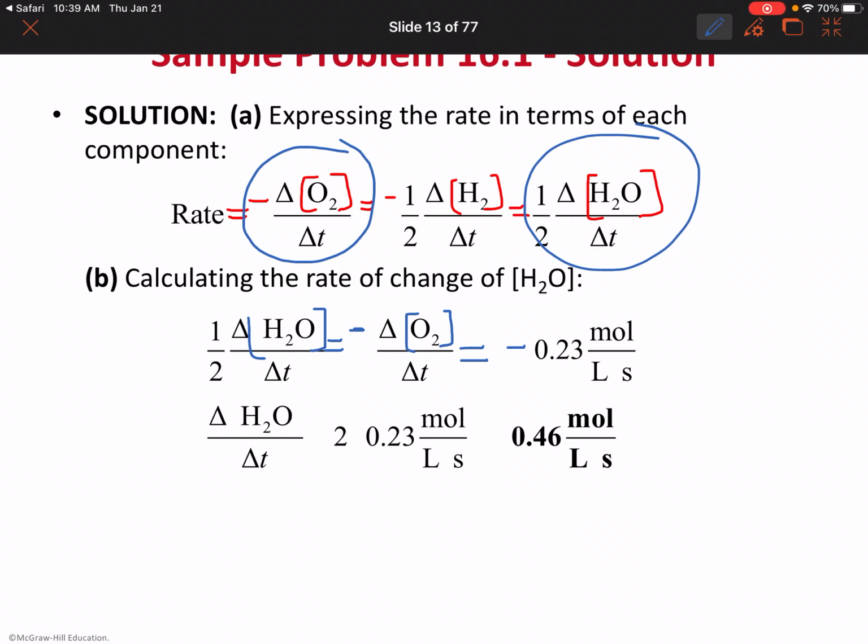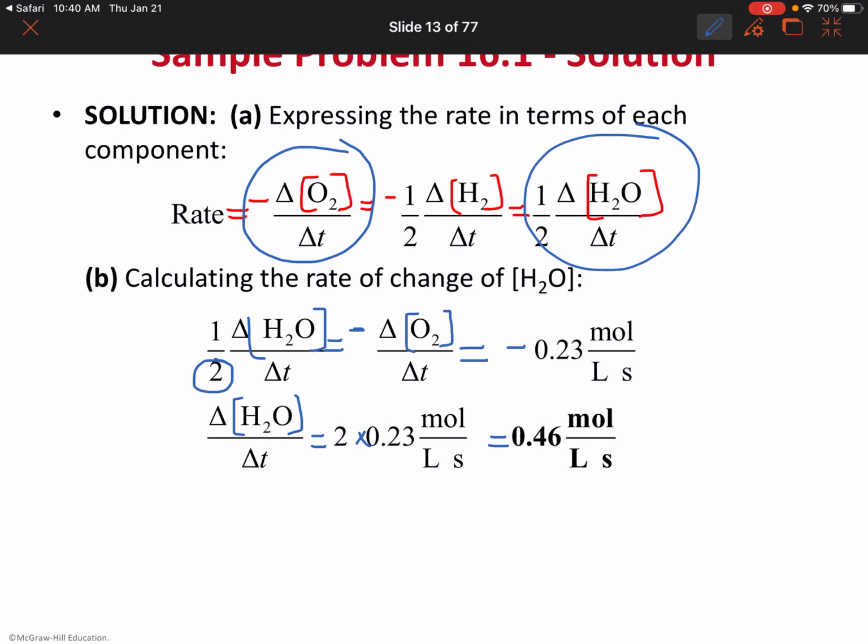Now, there is a 2 here, but what we want is the change in concentration of water. So this 2 that you have in the denominator has to go to the other side and it will become a multiplication. So 2 times 0.23 moles per liter per second. Okay, so 2 times 0.23 is 0.46 moles per liter per second.